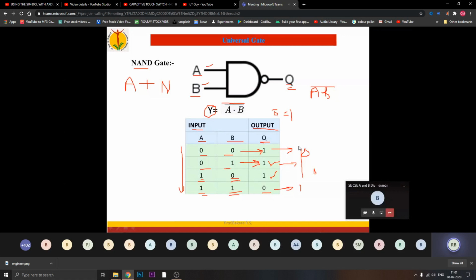But the NAND gate, which is exactly the opposite of the AND gate: if any one of the inputs is 0, we get the output 1. If both inputs are 1 1, we get the output 0. So this is exactly the opposite of the AND gate, right? So all of you got this NAND gate?